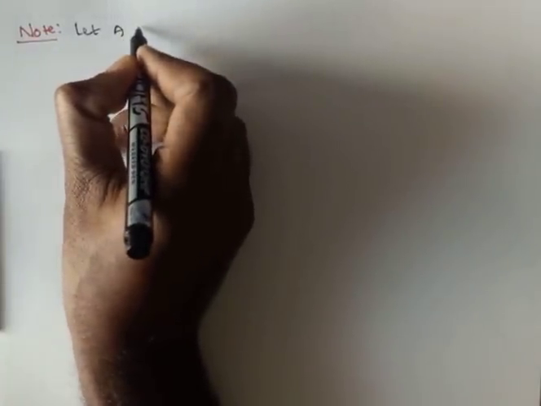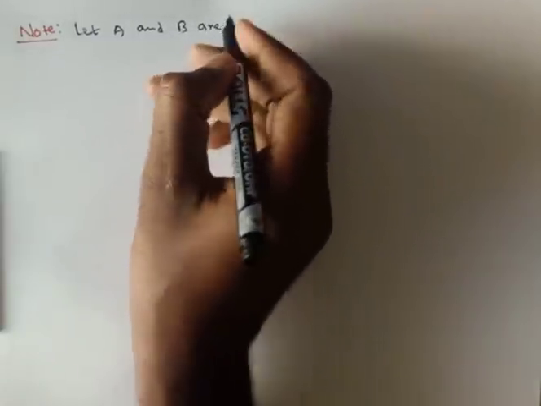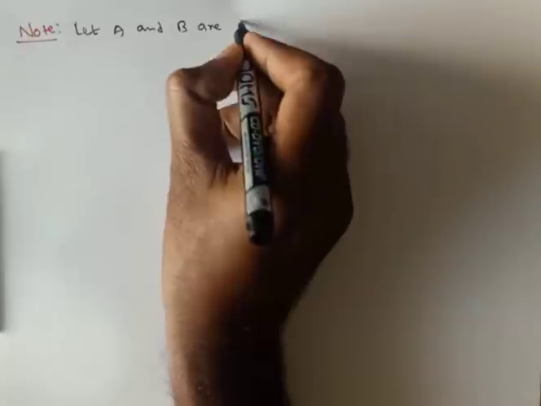So write down one note. So here you can observe a note. Let A and B be invertible matrices.